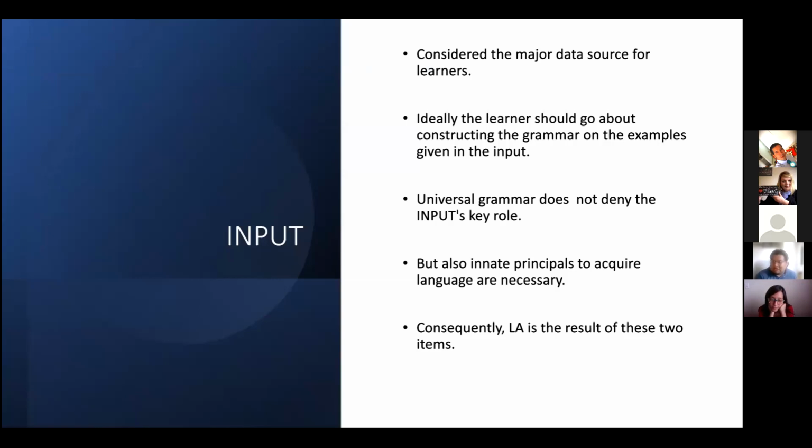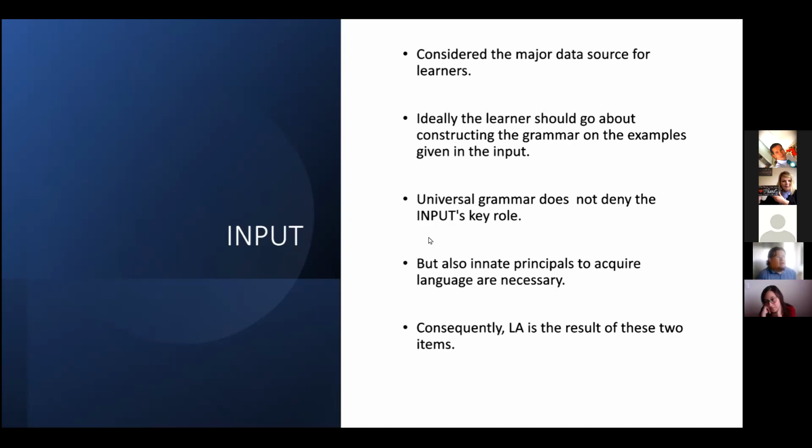That's the objective. That's why we need to choose them wisely. Ideally, the learners should go about the examples and construct the grammar structures in their heads. That's the point here. Not give it to them explicitly, but they should construct the grammar from the examples that we give them. So we have to give them a lot of input, but also the target language should be implicit in it.